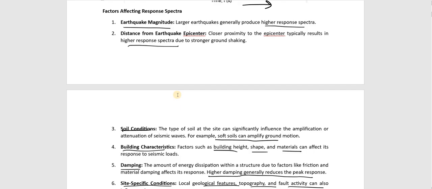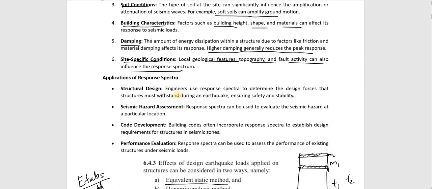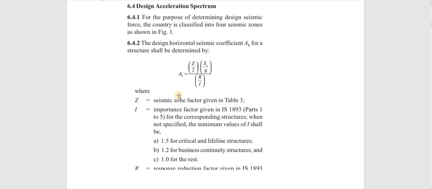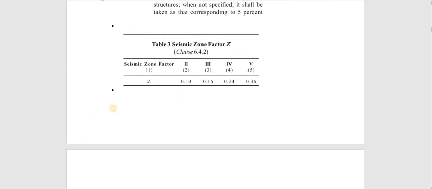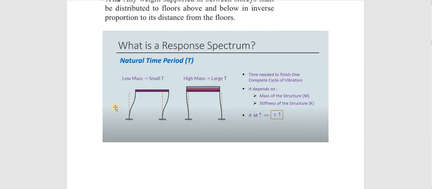So here we will see how to develop a response spectrum. Let us look into how we are getting this response spectrum. Before going into that, let us look into what is meant by time period.